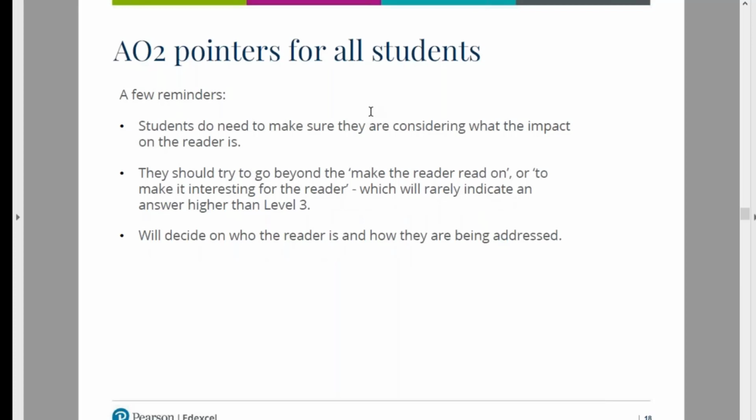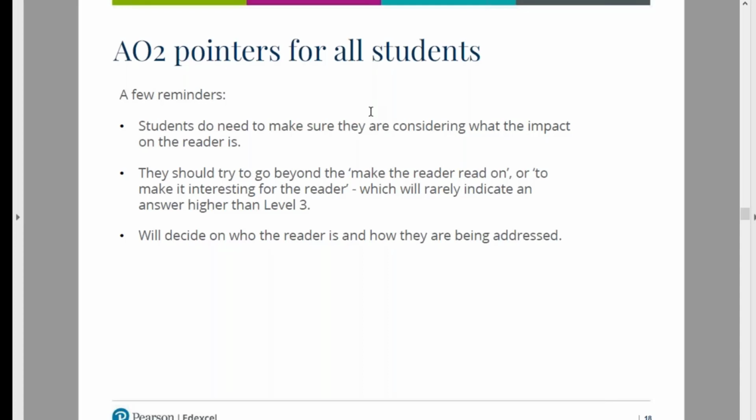Just a few reminders. It should be obvious, but it's not always the case. Students do need to comment on what the impact is of whichever techniques they're picking out. So feature spotting without a comment on effect will not be so effective.